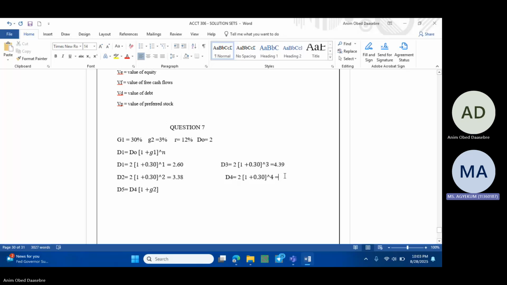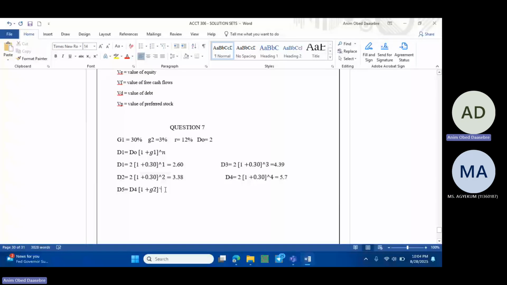D4 is 5.71. And so D5 will be D4 times bracket 1 plus G2. So it will be the answer of D4, then you multiply it by 1 plus G2.